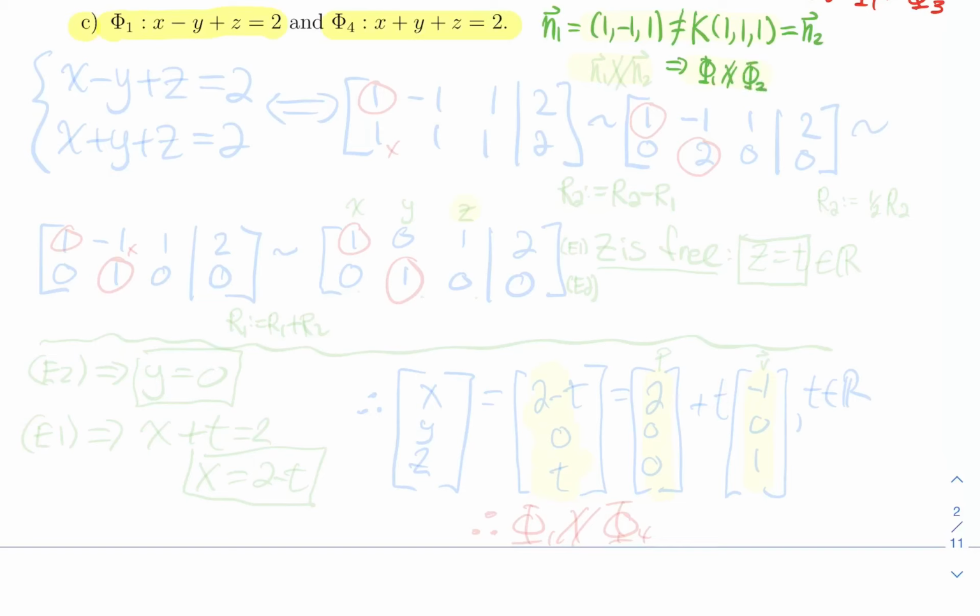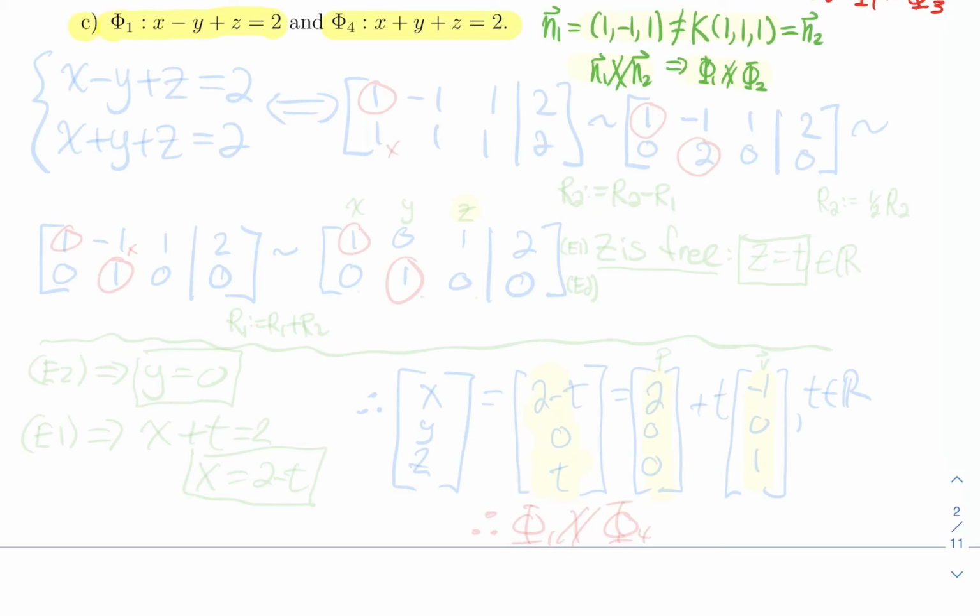Sorry, normally the first thing you should do is comment on the vector. Because n1 is not a multiple of n2, you can say that n1 is not parallel to n2, and this means that the two planes are not parallel to each other.